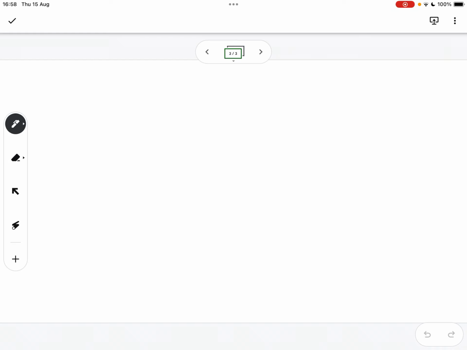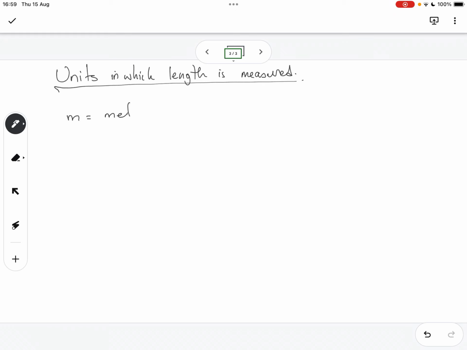So, carry on. The units are kilometer, km, hectometer, hm, decameter, dam, and meter, m, centimeter, cm, and millimeter, mm.